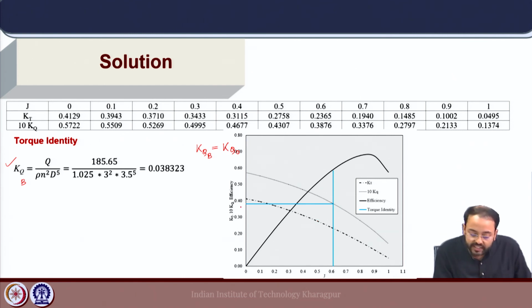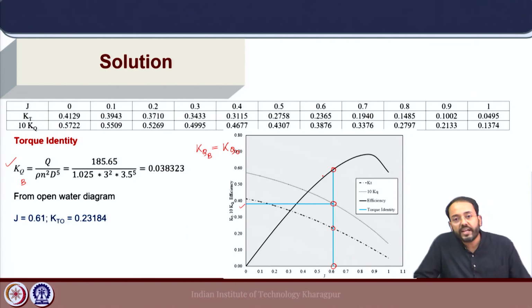So, the calculated value of 10 Kq is taken here on the curve for the 10 Kq, and corresponding to that point we get the value of J and also get the value of KT and eta O.